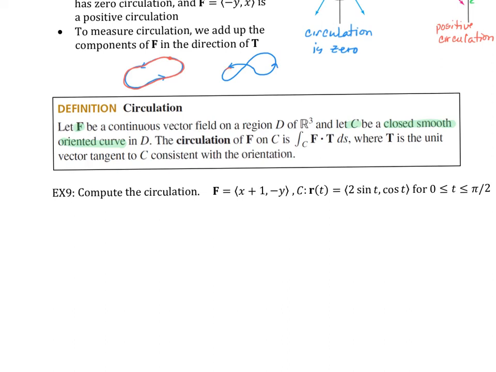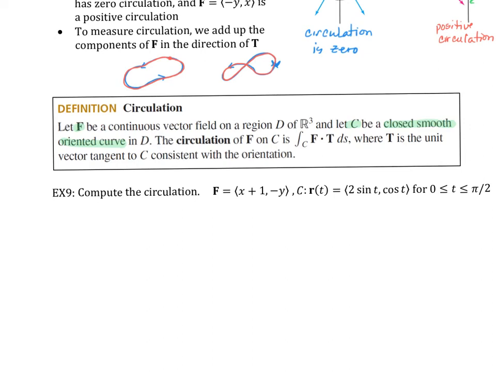And your starting point is the same as your ending point. So a closed smooth curve can overlap on itself, but where you start, you have to end. And it has to be smooth, meaning no sharp corners, no cusp, and so on.